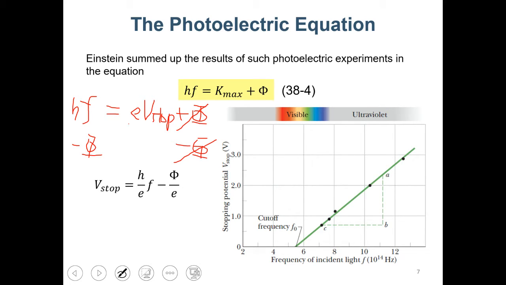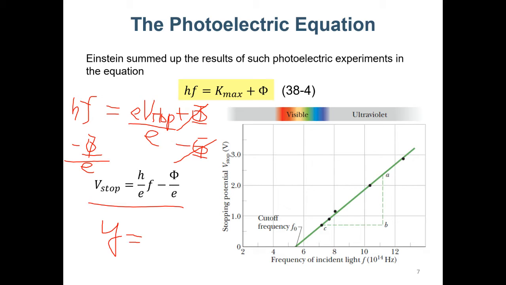Then we divide by e on both sides, so that we have this equation. It's something like y equals mx plus b, where f is the x and y is the V stop. So it's actually a straight line that fits this phenomenon.